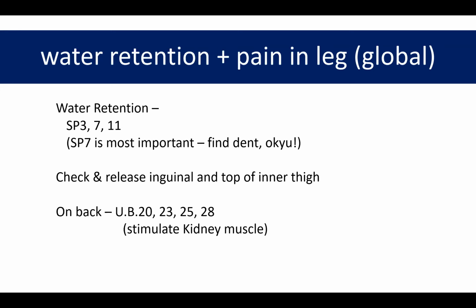In spleen 11, you're trying to look for the puffy area, the area where the tissue seems thicker. Okay. It's very important that you find a dent on spleen 7. And if you can do direct moxa on it, it's very good. Then check and release the inguinal, because that can cause water retention. And the top of the inner thigh, meaning liver 12, spleen 12 area.